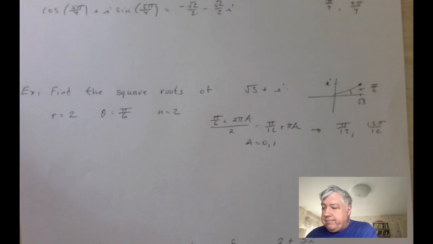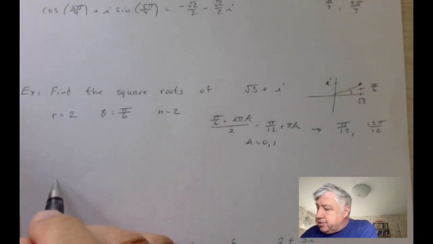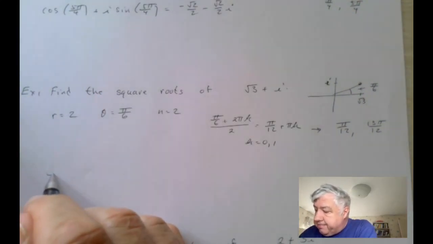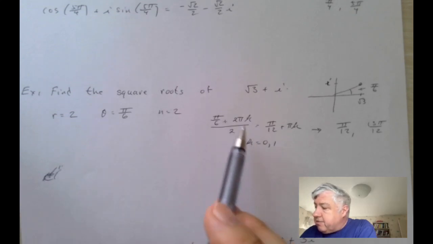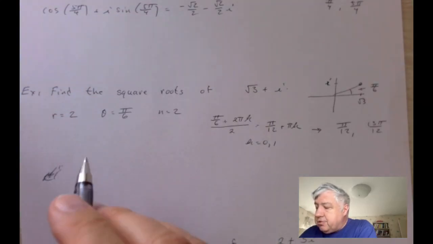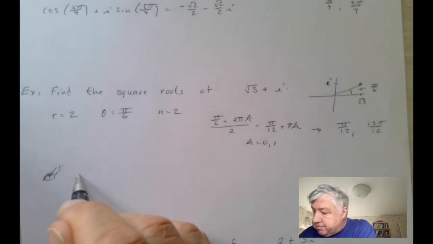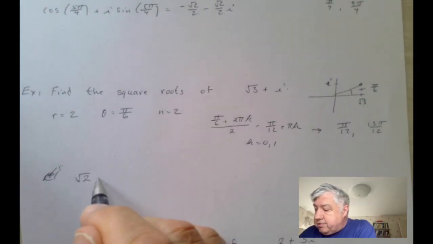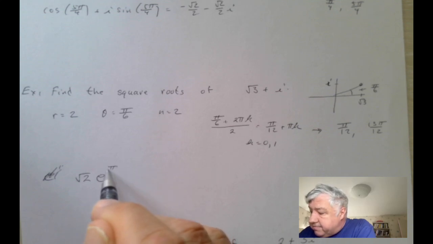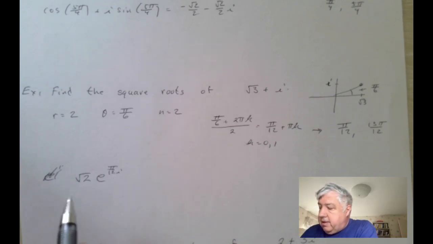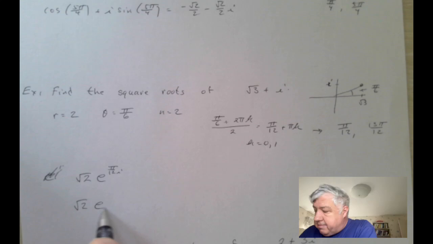So our two solutions will be e to the pi over 12. Don't forget, square root of r is the square root of 2. So it's square root of 2 times e to the pi over 12 i, and also square root of 2 times e to the 13 pi over 12 times i.